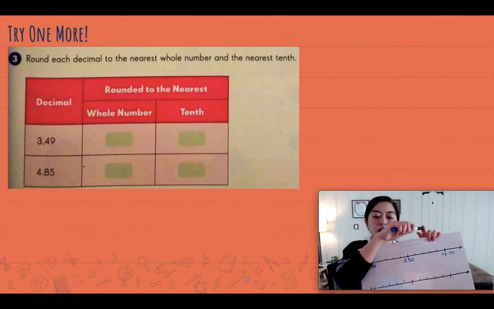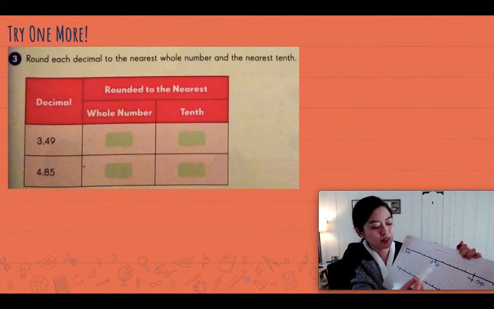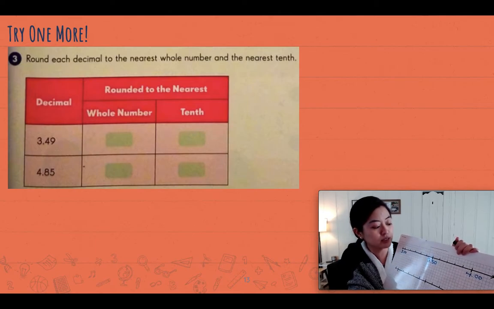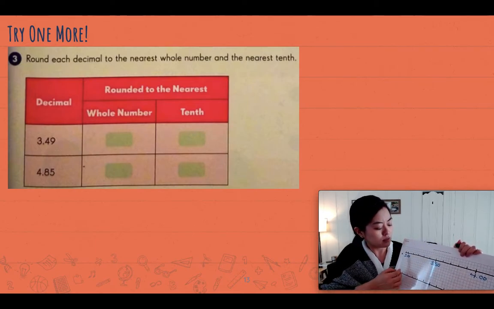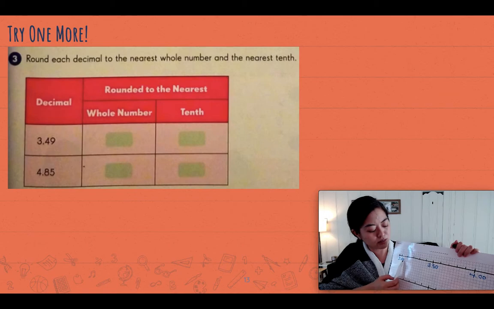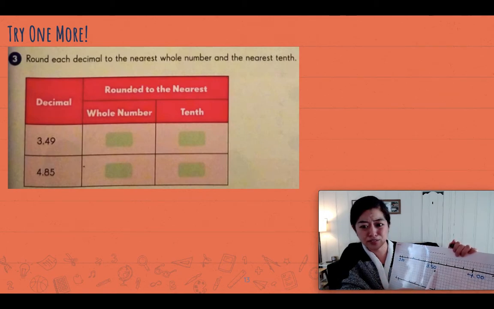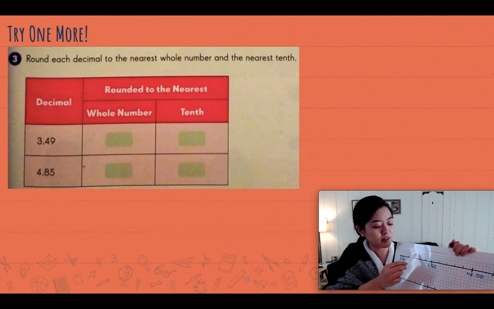Well, that's 49 hundredths. So this is 3 and 0 hundredths, and this is 3 and 50 hundredths. Here we have to count by 10 hundredths.